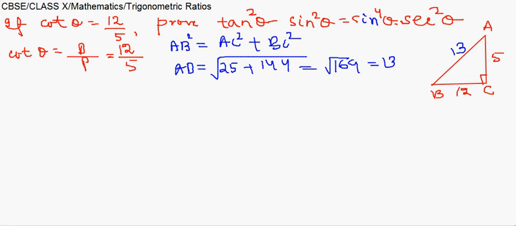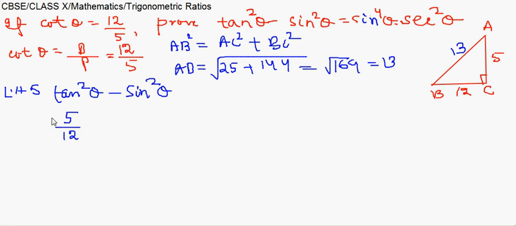Now let us calculate and go back to the LHS in our question, which is tan square theta minus sine square theta. Tan square theta is actually tan theta whole square. So tan theta was 5/12 because cot is 12/5. Tan is 1 upon cot theta.